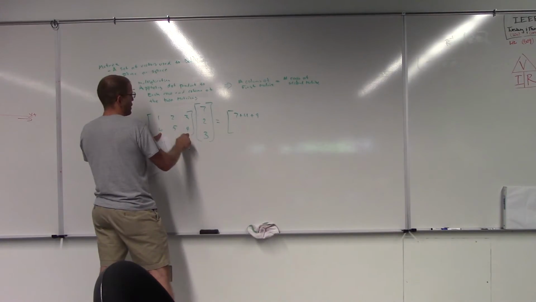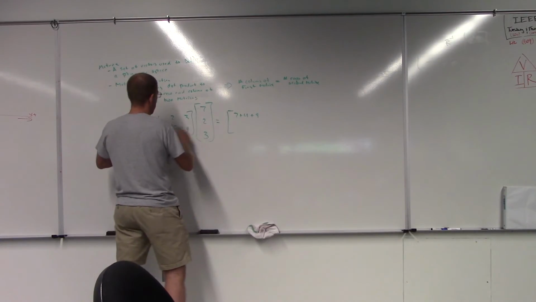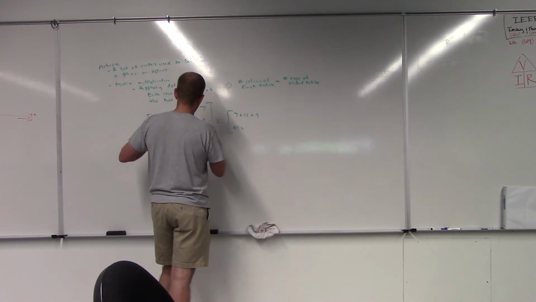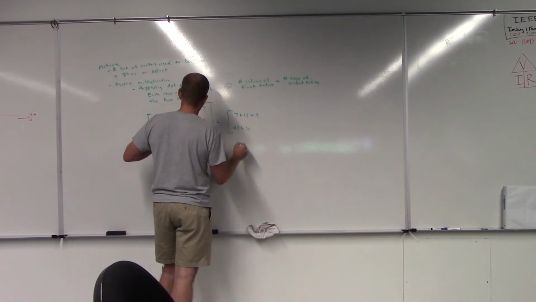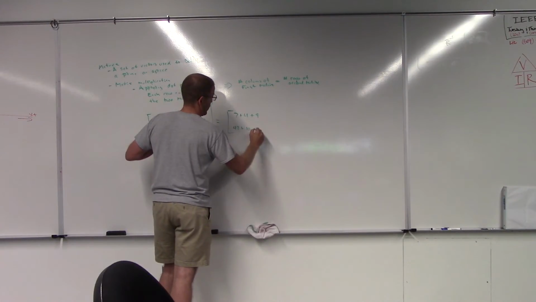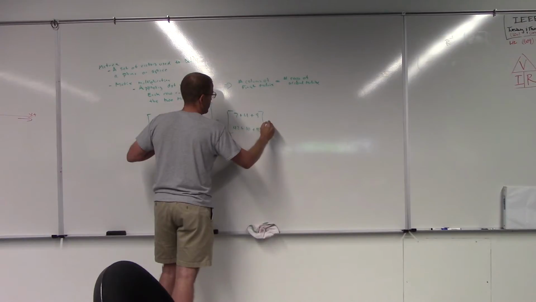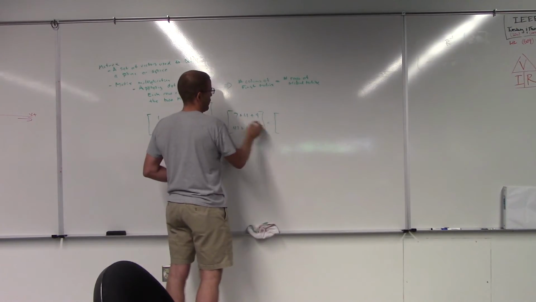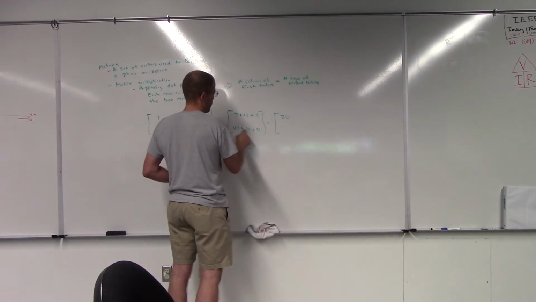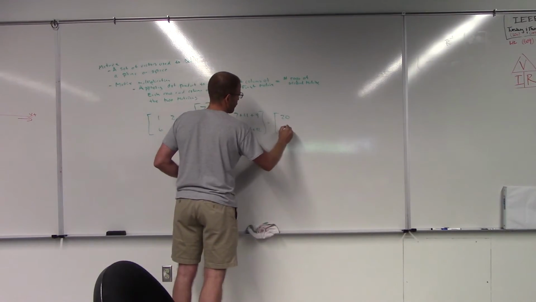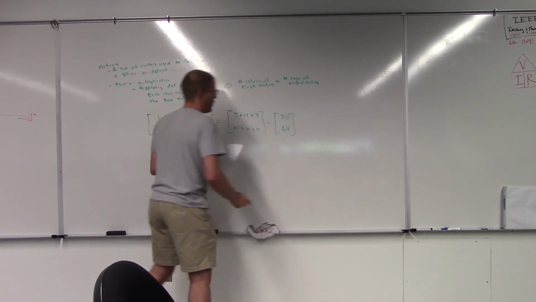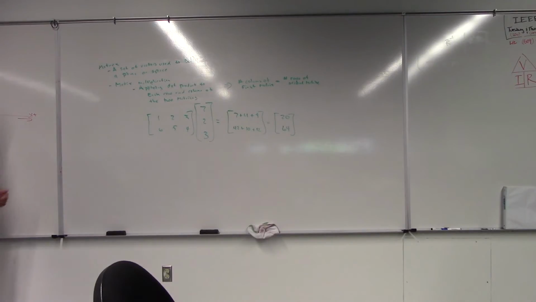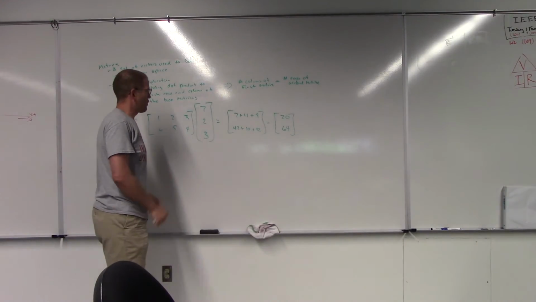And then our second row by first column is 7 times 6 is 42, plus 5 times 2 is 10, plus 4 times 3 is 12. Therefore, the matrix multiplication results in 20, and then 64. So we end up with a two-dimensional vector equal to 20, 64.